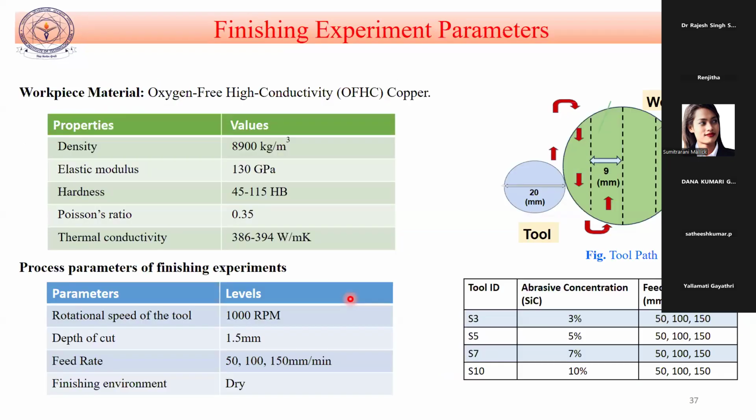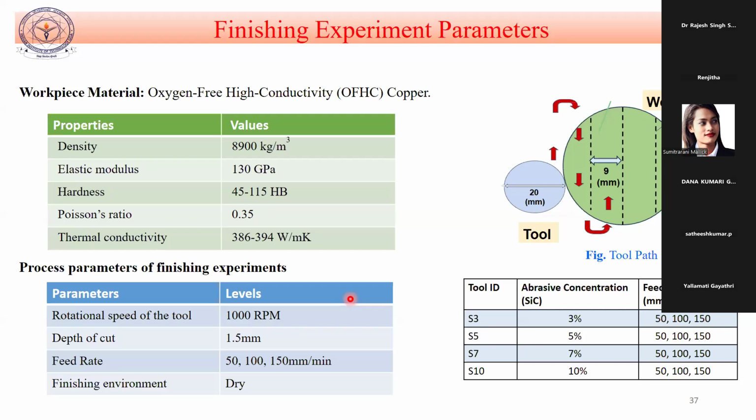Okay, this is actually a case study I am showing, that means how we did polishing. This is the polishing of OFHC copper, because in telescope applications majorly, we are coating, let's say, nickel.